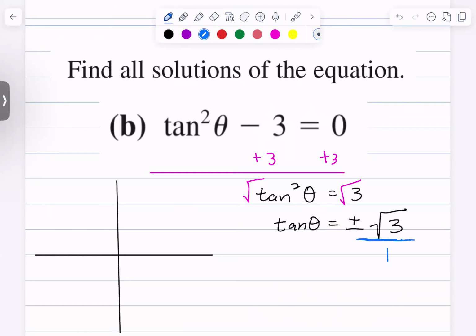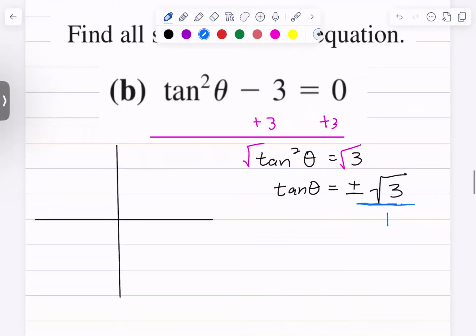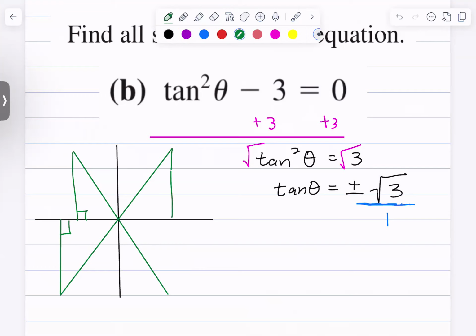Since tangent is positive or negative, it's going to be in all the quadrants, because in all the quadrants your tangent value is positive or negative. So literally, I'm going to draw random triangles in all 4 quadrants.